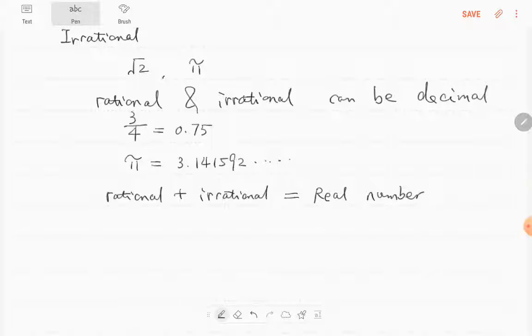So equals real number. And any real number can be found on your number line. Any real number can be found on your number line. Okay?